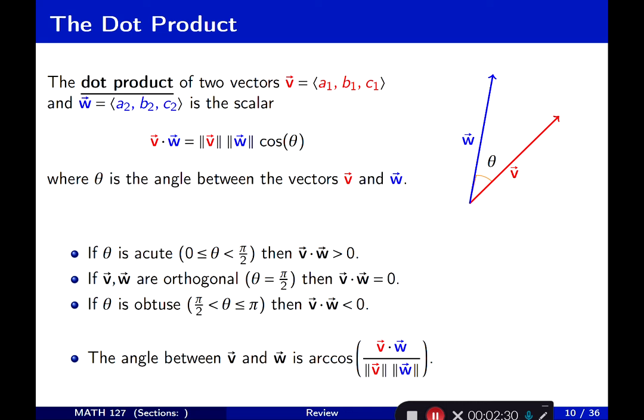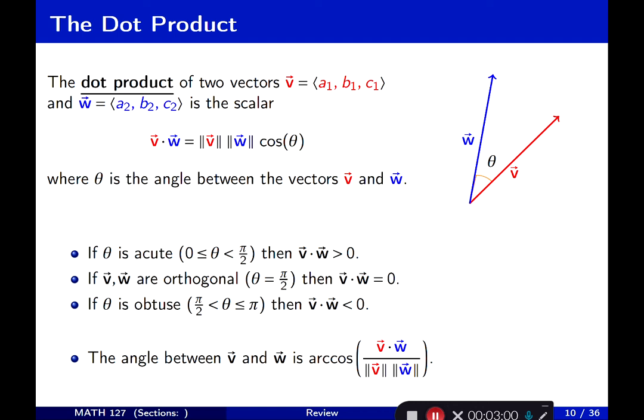If v and w are orthogonal to each other, that means theta is equal to pi half, then v dot w is going to be 0 because cosine of pi half is 0. If theta is obtuse, that's theta between pi half and pi, then v dot w is going to be less than 0.